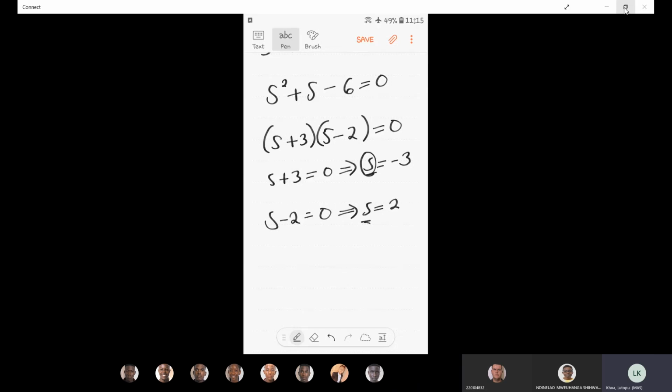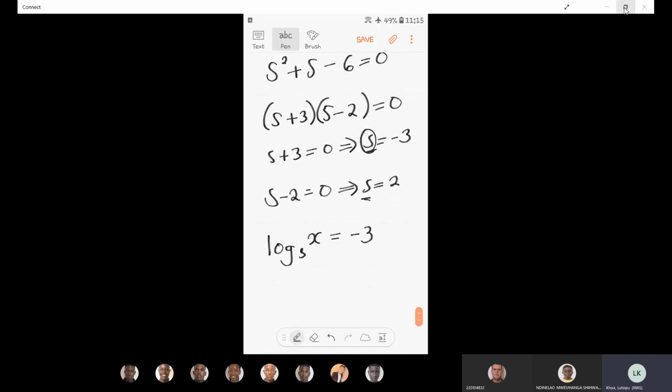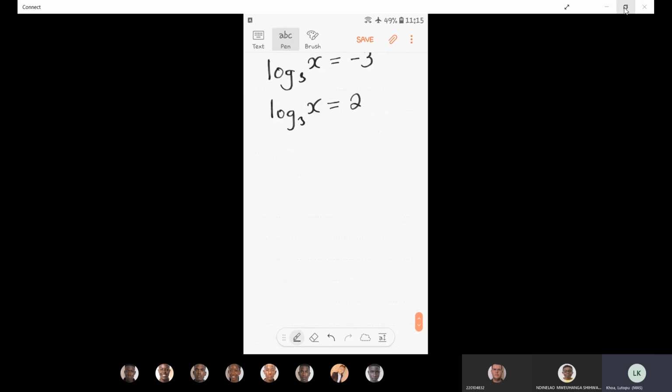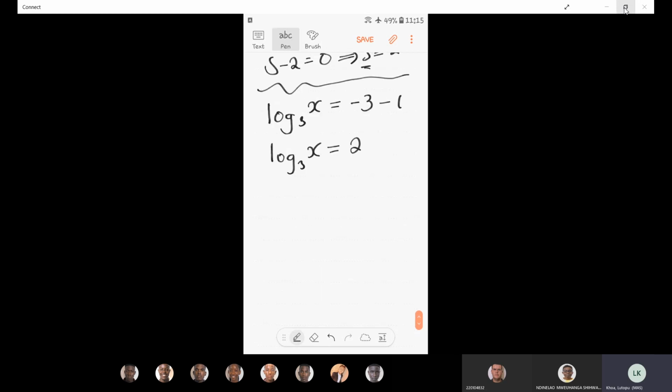Remember, s was log base 3 of x. So what I actually have is log base 3 of x equal to negative 3, and also log base 3 of x equal to 2. So this is the first equation, and this is the second one.